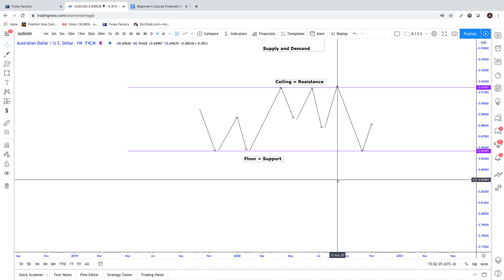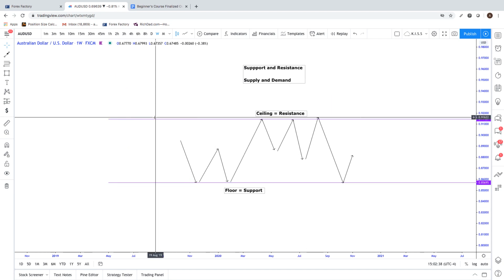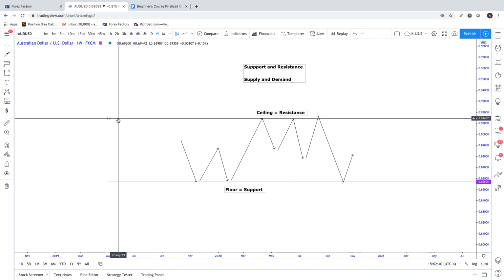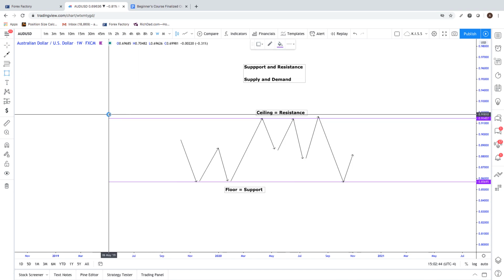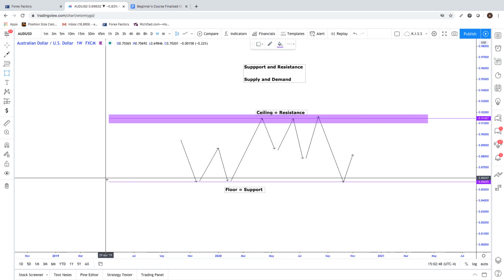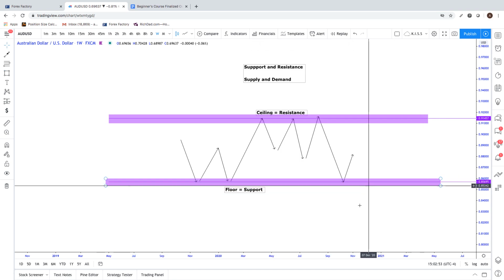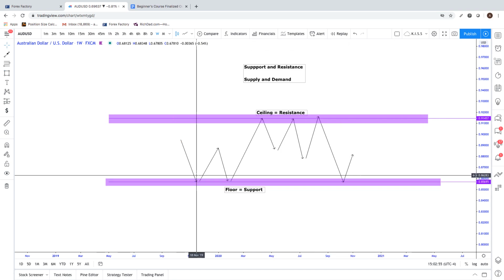You will see this in your analysis. When you look at a chart, you will see these levels. And what you'll notice is they aren't very specific prices. They're what we call zones, support and resistance zones. It's not one specific price.